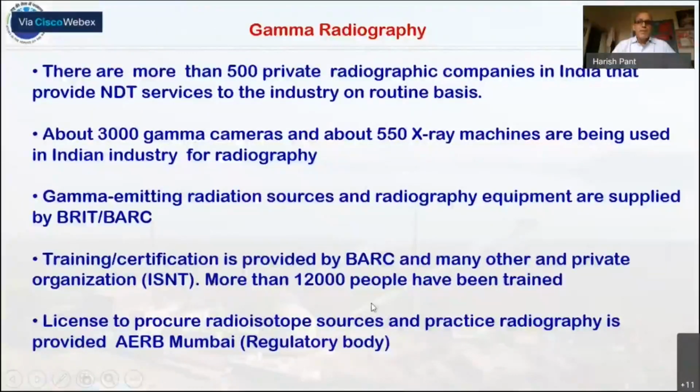Some of these trained people have started their own companies. So BRC trains them, and then they obtain the license to carry out radiographic services and procure the radiation source from the grid. They have to take a license from the Atomic Energy Regulatory Board, which is a regulatory body.